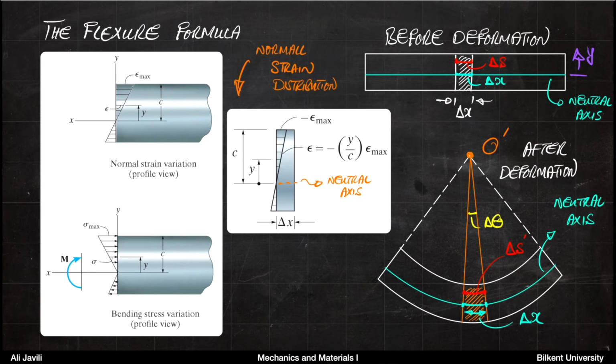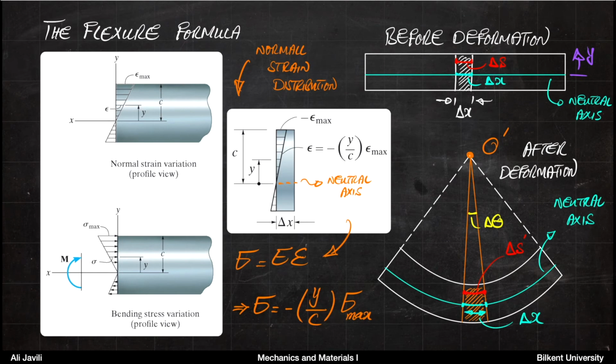So if you have the normal strain distribution and you have this formula, considering that stress is E epsilon for linear elasticity, then you know that your stress distribution would also be a linear function. And based on that, you can also define your sigma max as being E times epsilon max, for instance.